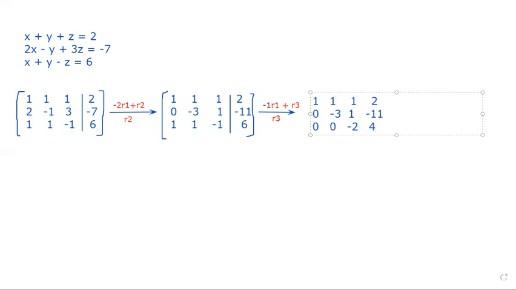So now, if we look at it, we've already gotten this into row echelon form. Just in 2 steps, we've achieved row echelon form. And let me go back and show you exactly what we mean. Sometimes it'll take a few steps, sometimes it will take a lot of steps.